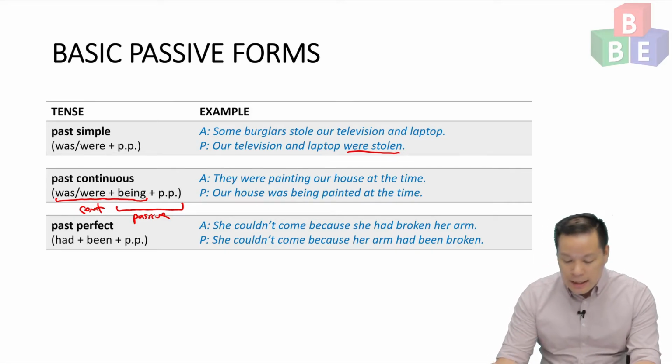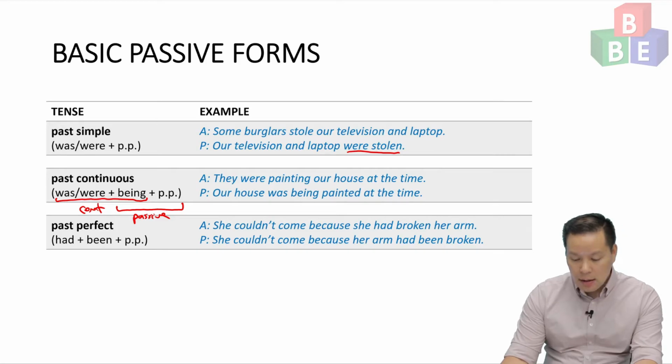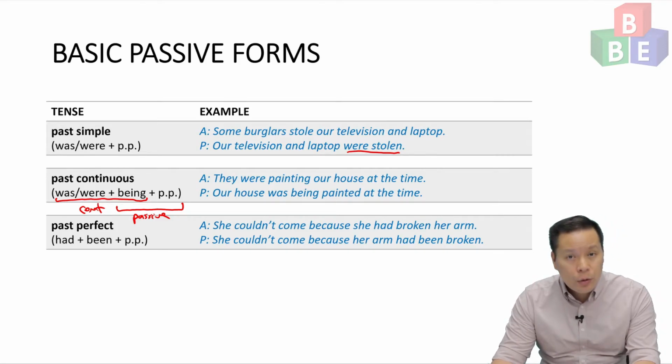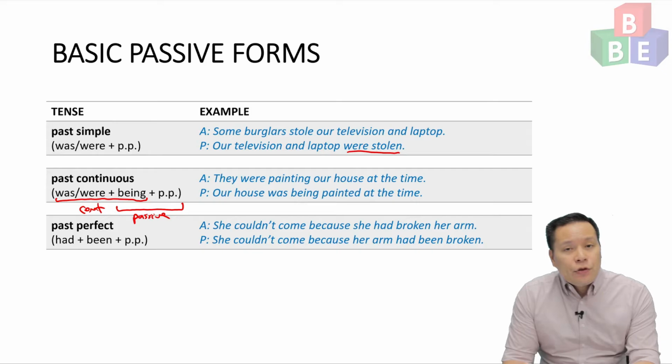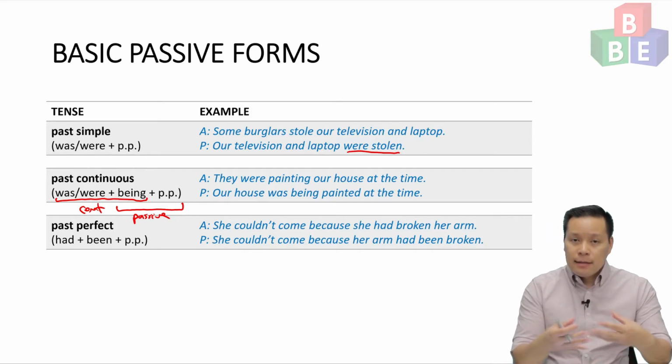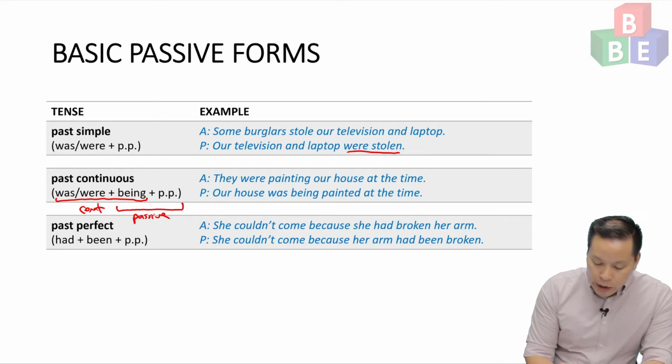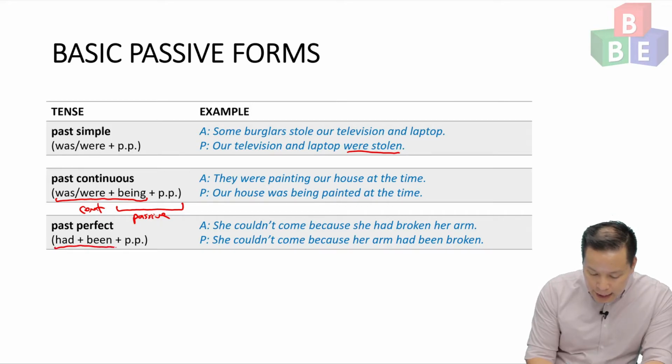In the passive: she couldn't come because her arm had been broken. So again, this is another tricky tense because it has several parts to it. The past perfect component has had plus past participle, and the passive component has the be plus past participle.